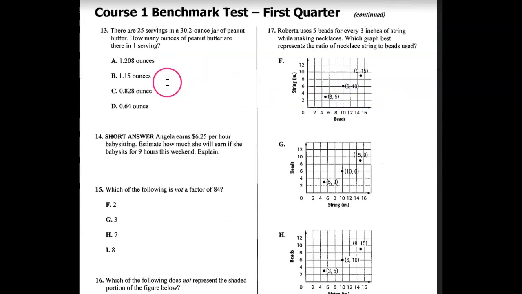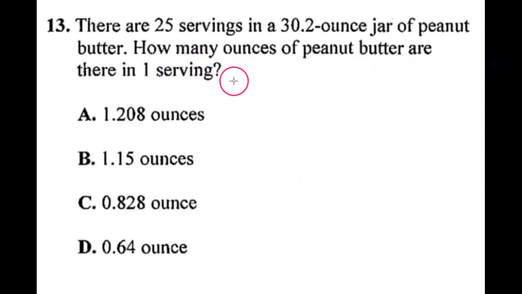All right, 13. There's 25 servings in a 30.2 ounce jar of peanut butter. How many ounces of peanut butter are there in 1 serving? Okay, so this is a little trickier than other ones, but not really. It's giving me servings and the ounces, right? There's 30.2 ounces and 25 servings.